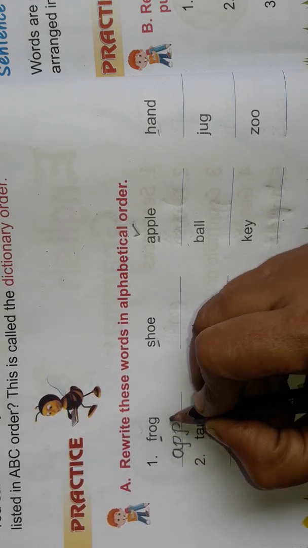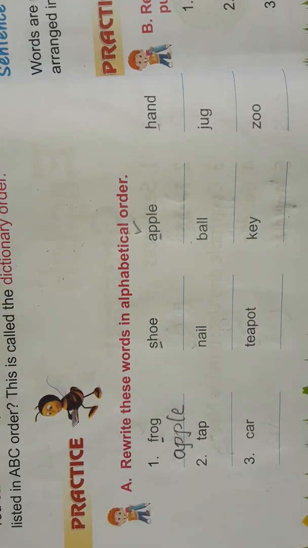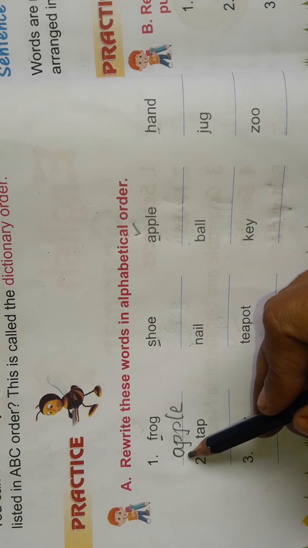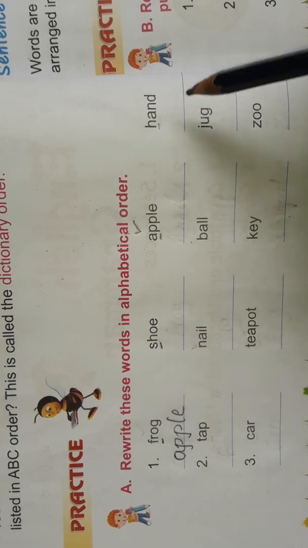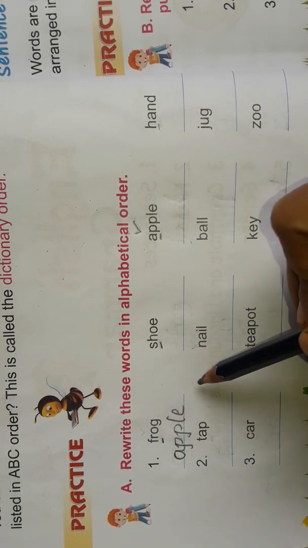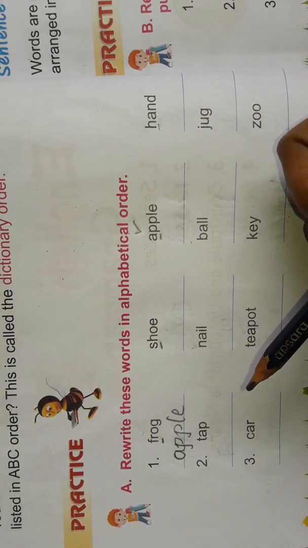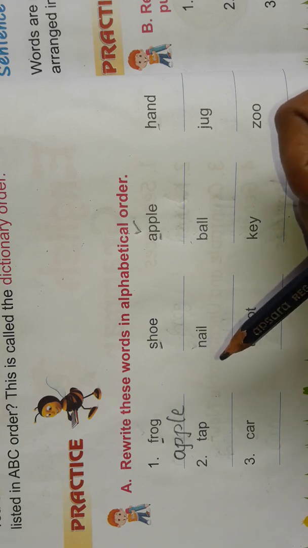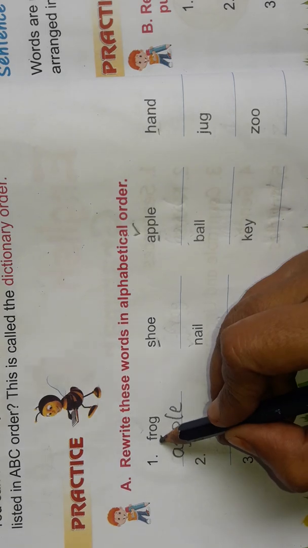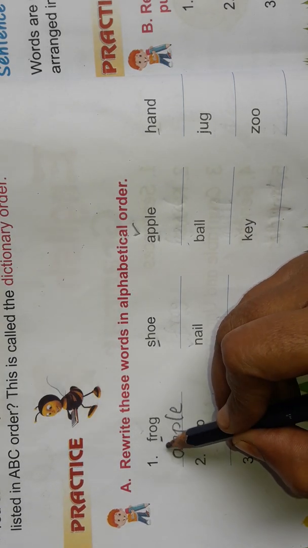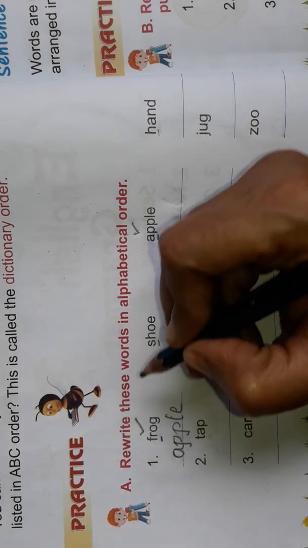A-P-P-L-E. Apple. A completed. After A, which letter? Yes, B. Is B there in the first letters? No. C? No. D? No. E? No. F? Yes. Here F is the first letter. So we write this word here.